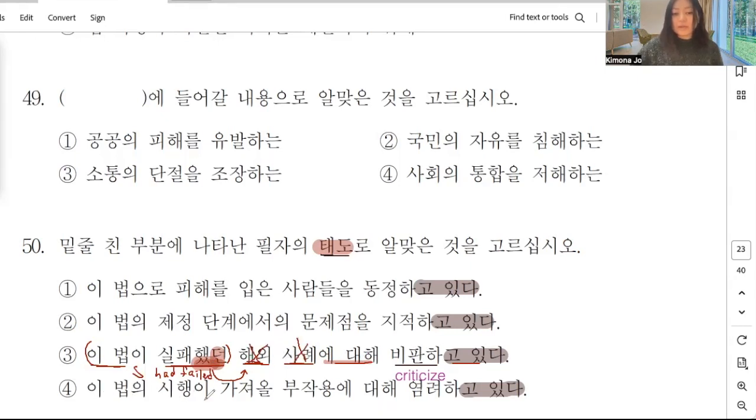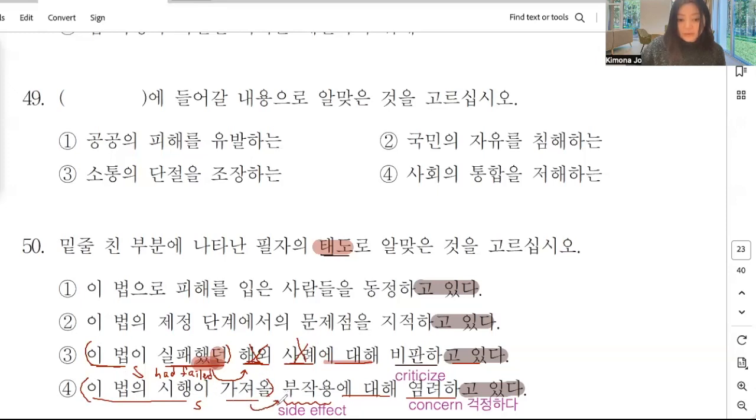4번, 이 법의 시행이 가져올 부작용에 대해 염려하고 있다. 염려하다, 걱정하다, worry, concern. So the writer is concerning about 부작용, the side effect. The side effect that this law's enforcement will bring.